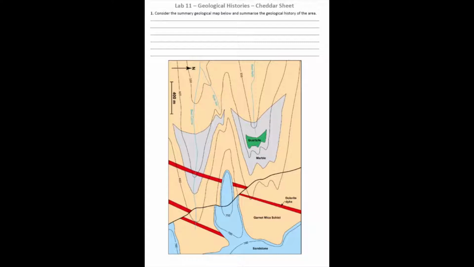And the second part of the lab asks you to draw a summary geological map from a real geological map of the Cheddar area, and use your summary map to give a relative order of events that have happened to the Cheddar area.